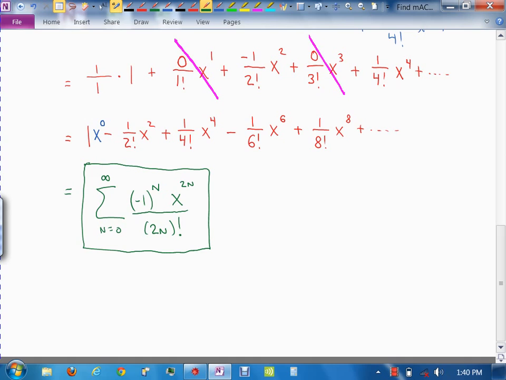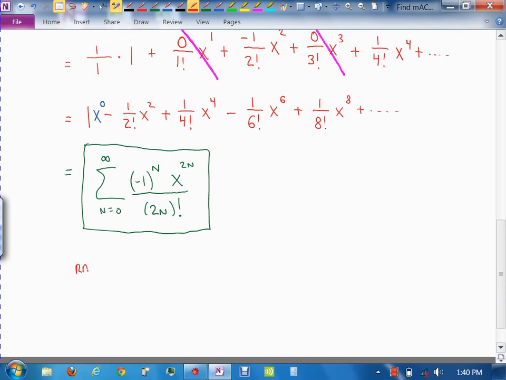All right, you ready to find the radius of convergence? How do you find the radius of convergence? Ratio test. So I'm going to do the ratio test on this. Limit as n goes to infinity. Do I need to consider the negative 1? No. Plug in n plus 1 right here. This becomes x to the 2n plus 2, right?